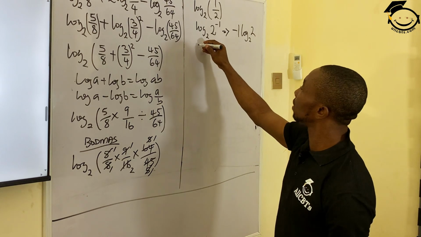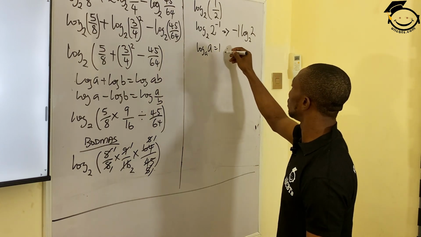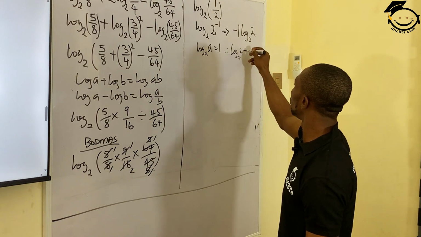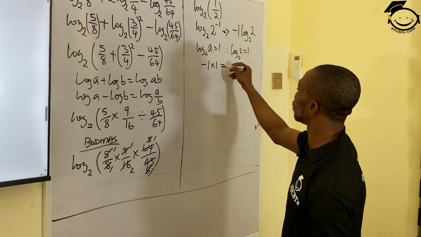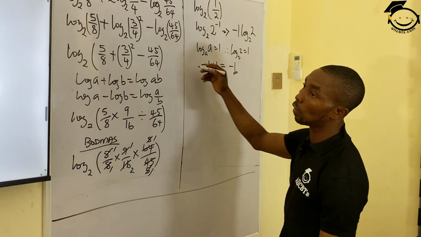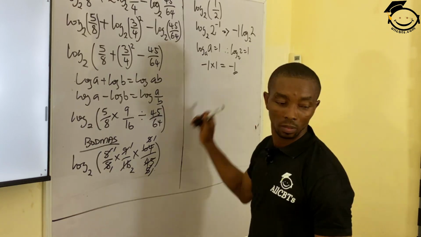But bearing in mind that log_a a equals 1, log_2 2 equals 1. So this will become minus 1 times 1, which gives us minus 1. So if we evaluate that, our answer will be minus 1.